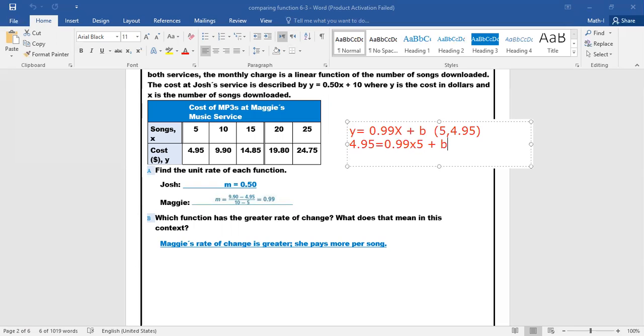Could you please calculate it quickly? What is 0.99 times 5?